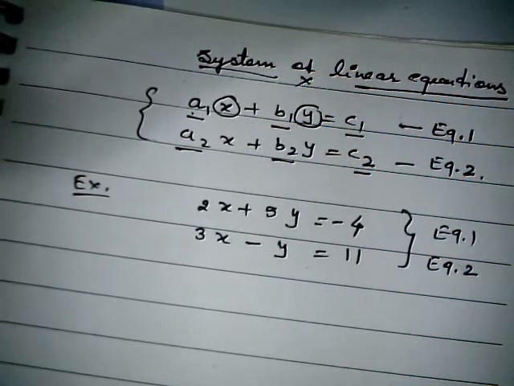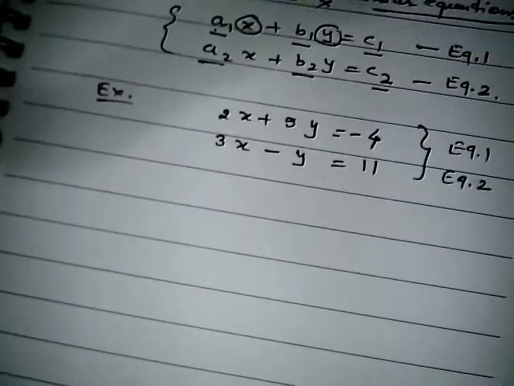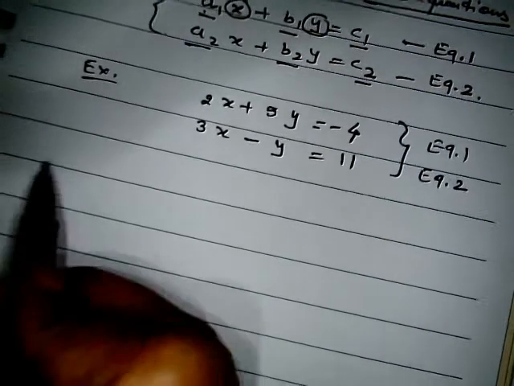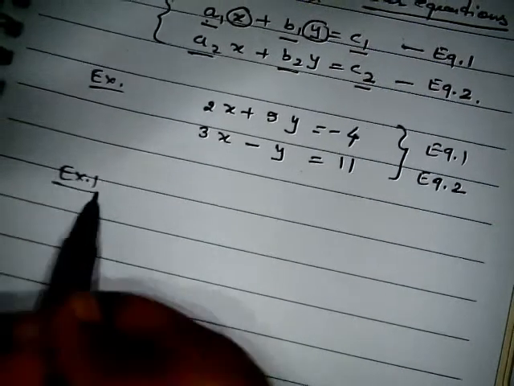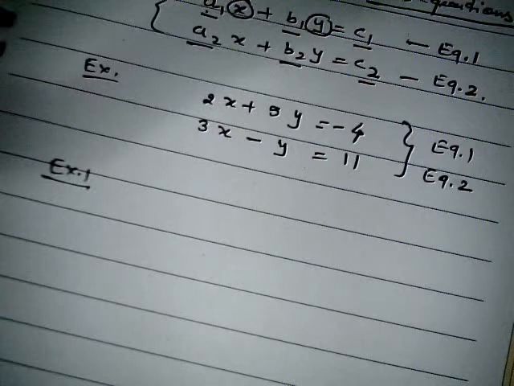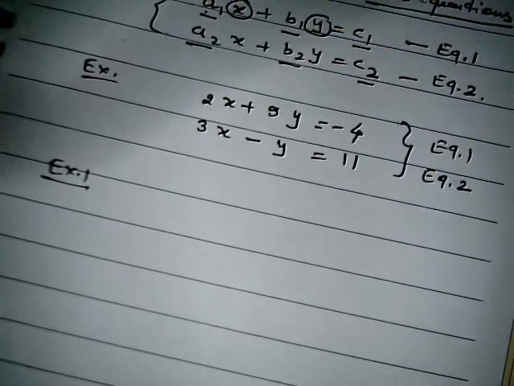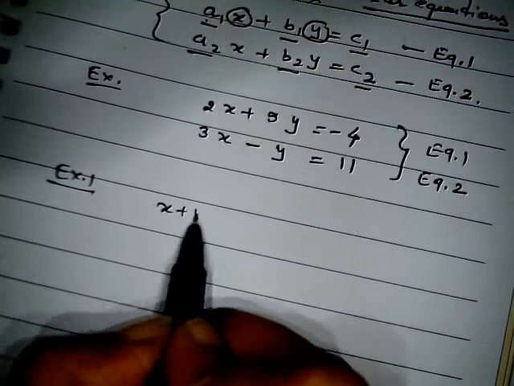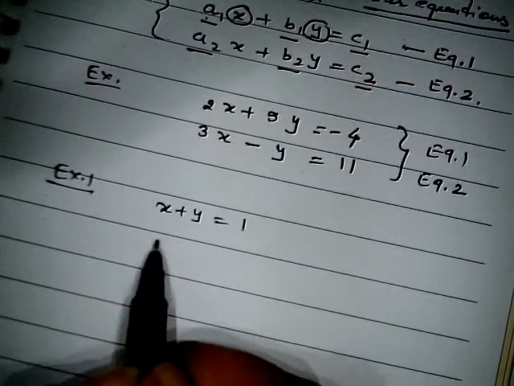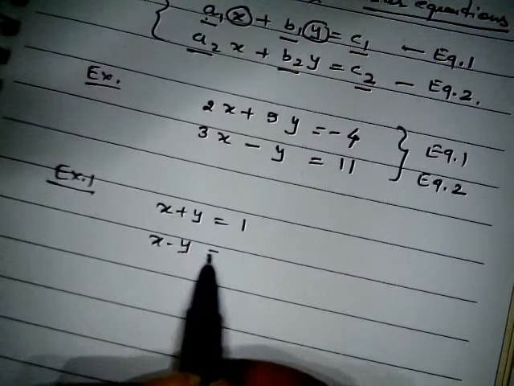This is example number 1, and the question is x plus y equals 1 and x minus y equals 3. This is your equation 1 and this is your equation 2.